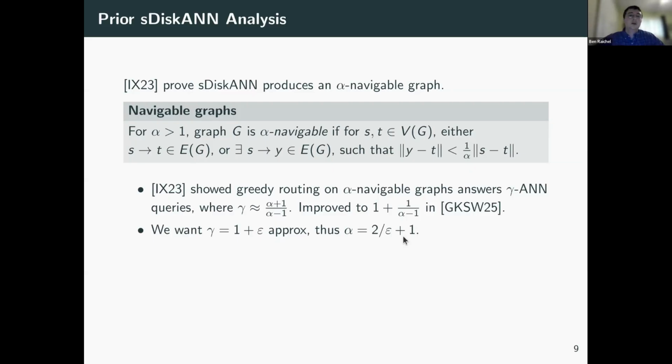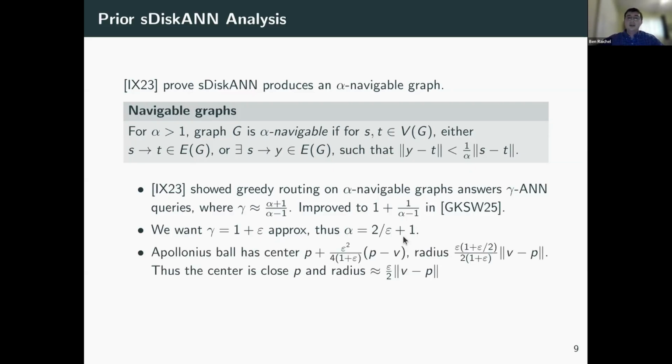So we can now take this expression for alpha and plug it in for the radius and position of our Apollonius ball. I get these two terms. This is where the center is located. This is the radius. These are messy expressions, but I'm going to dramatically simplify them.